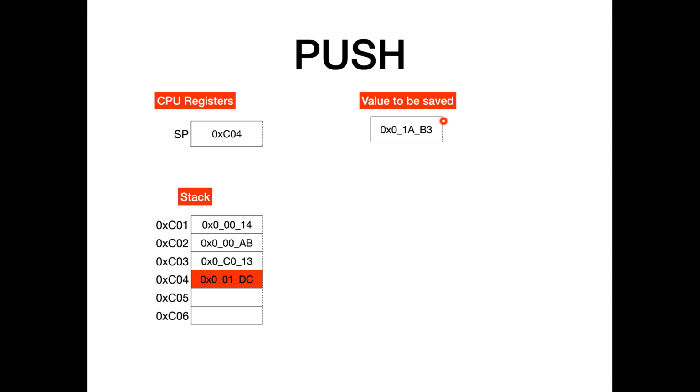Now, if I want to push this new value into the stack, I need to issue certain commands, but in the most simplistic view, I'm going to push that previous value here. You see that 1AB3, I'm going to put 1BA3 in here, and I'm going to move the stack pointer one more.